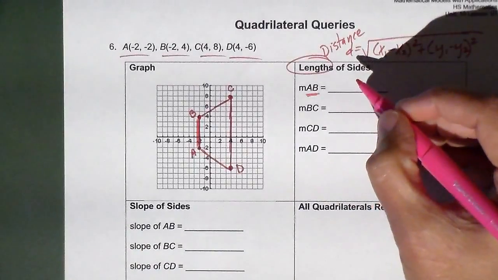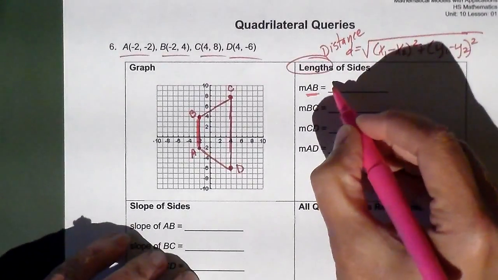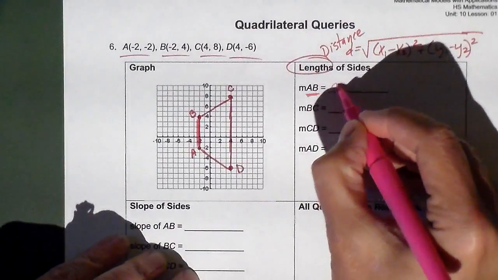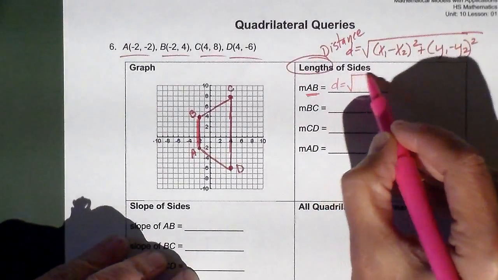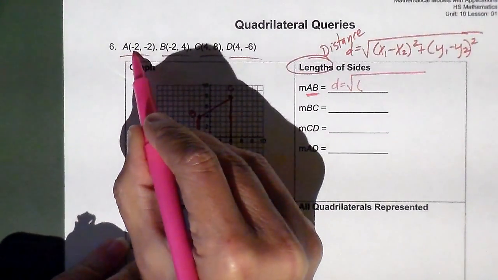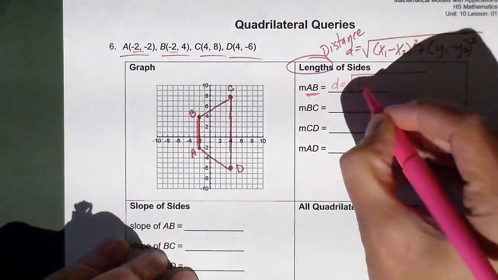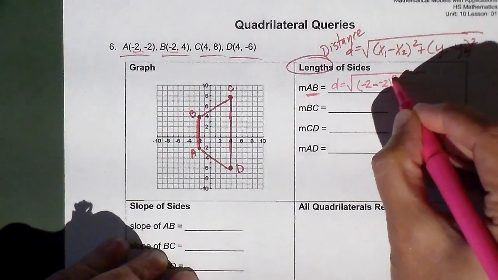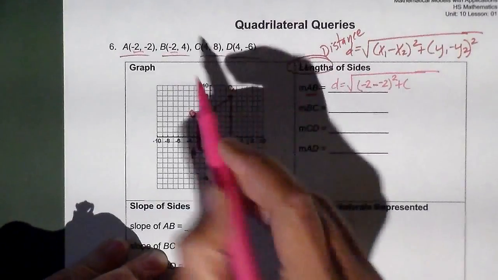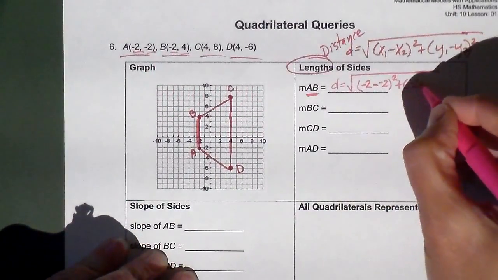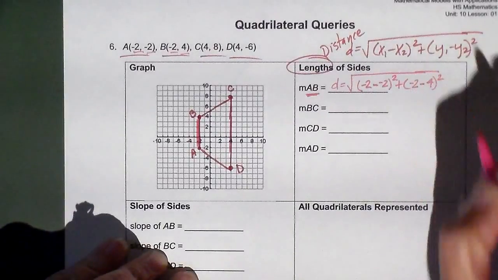For the distance for AB, what are my two x coordinates for A and B? -2 and -2. So I have -2 minus -2 squared. My two y coordinates are -2 and +4, so I have -2 minus +4.